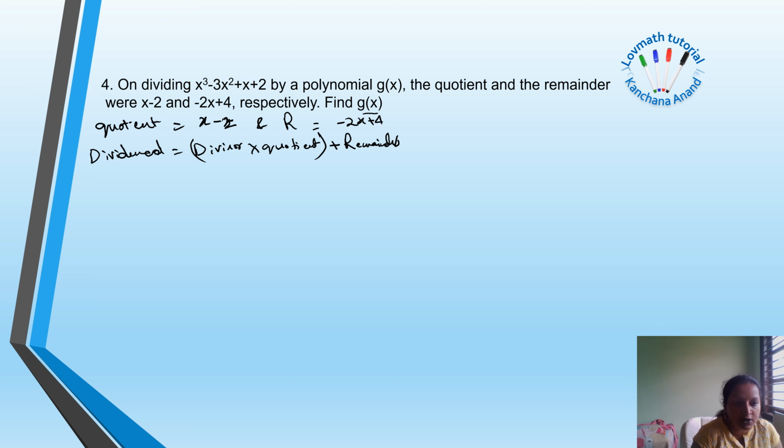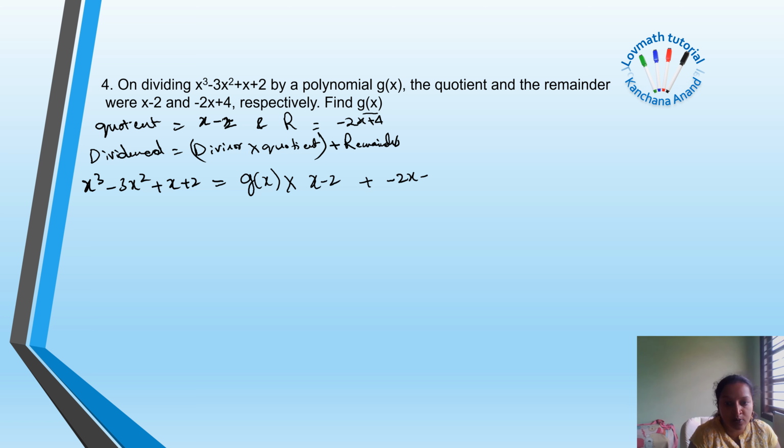So here dividend x^3 - 3x^2 + x + 2 is equal to divisor g(x) that we have to find, into quotient x - 2, and the remainder is -2x + 4.